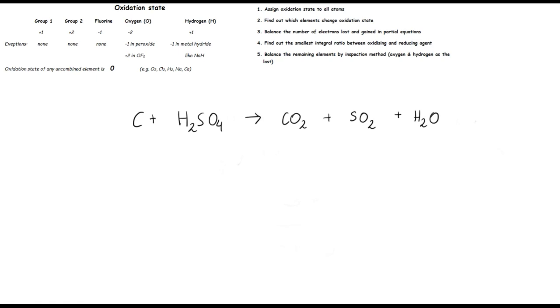Before we balance that equation, we need to look here. We have rules which we follow when we want to balance that equation. We have 5 steps, and the first step is to assign oxidation states to all atoms in the molecule. That's what we learned to do for the simple molecules.